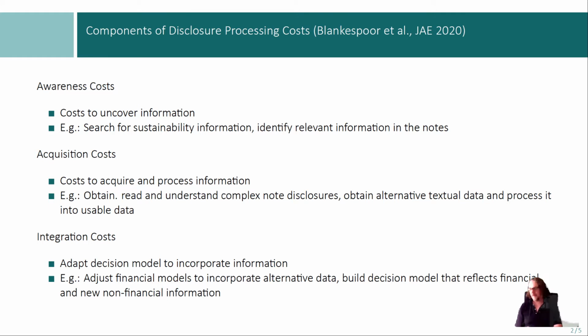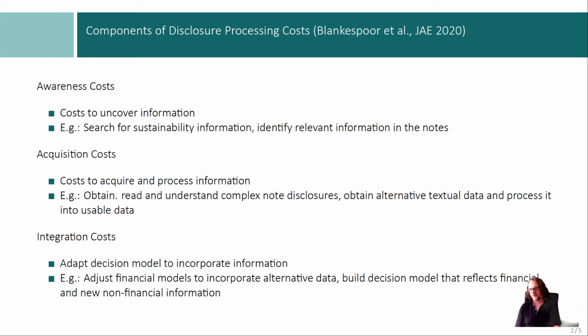Now when you think about sustainability information, which is a little bit less standardized than financial accounting information, you have to actually search and dig on the web for information on the sustainability of firms. You can also consider this to be awareness costs, the costs that you need to become aware that this information actually exists.